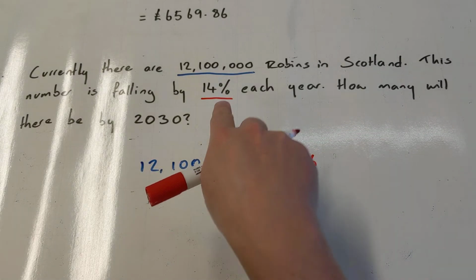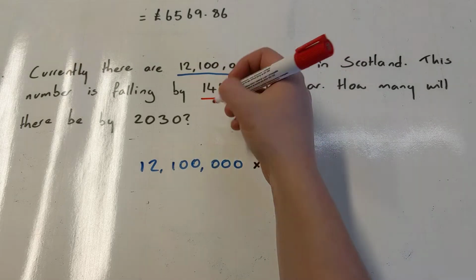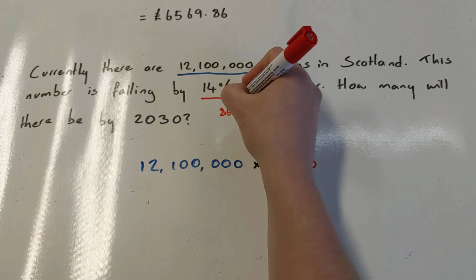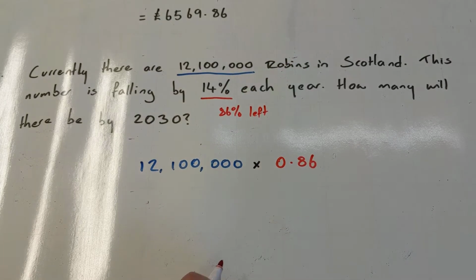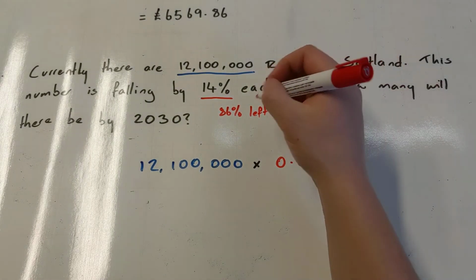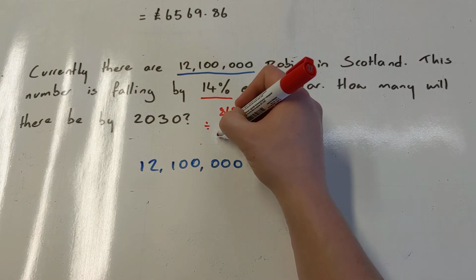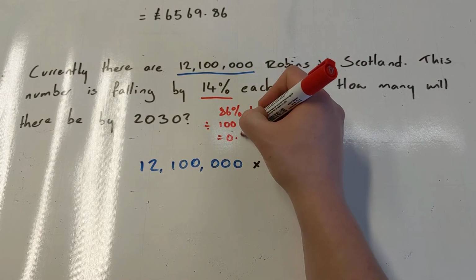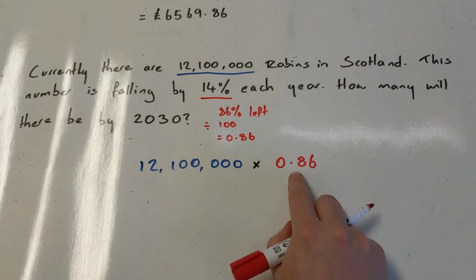And the way I get that is if it's falling by 14%, that means there's 86% left. And so to get that as a decimal, I just divide that by 100, which gives me 0.86. Okay, and that's where I get my decimal multiplier from.